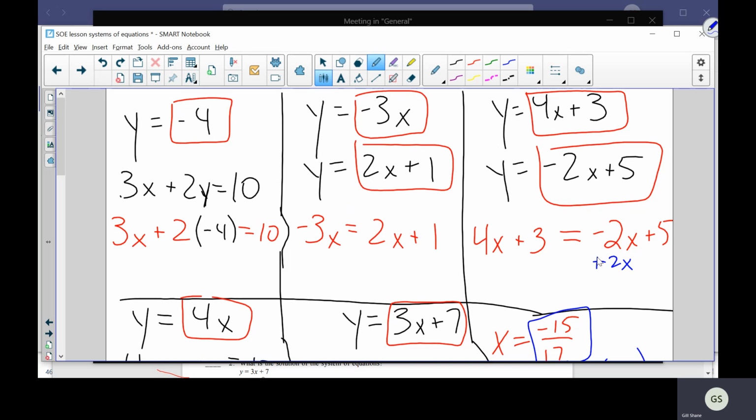My first step over here would be, again, the opposite, but if that's positive, then it would have to be subtract 2x. And if I do that on one side, I've got to do it on the other side. Same thing over here. That should get you to a two-step equation, and hopefully you can do a two-step equation.